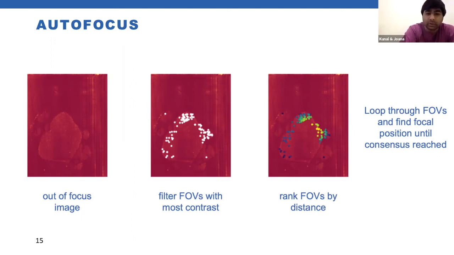Then we rank those fields of view by distance from each other. And we go through those fields of view and find focal positions until a consensus focal position is reached for the section, and then image the section at that position, or if we're doing a stack, a series of images above and below that position.